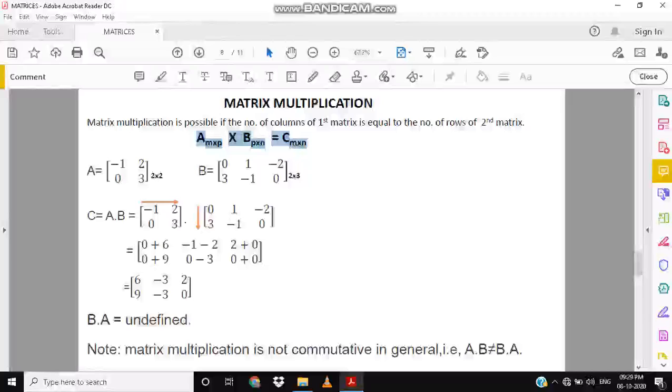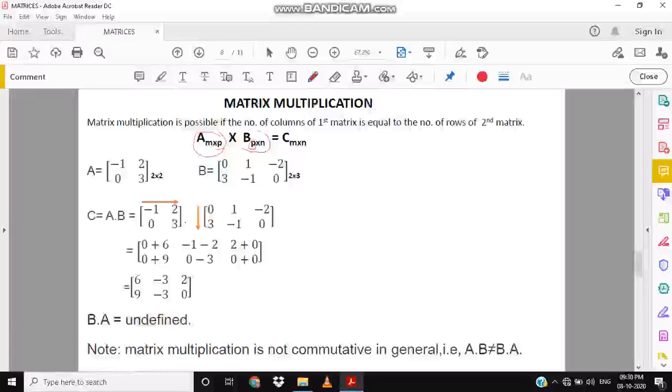Now you see the main condition. Can you see this P? For multiplication of two matrices, the condition is that the number of columns for your first matrix should be equal to the number of rows for the second matrix.